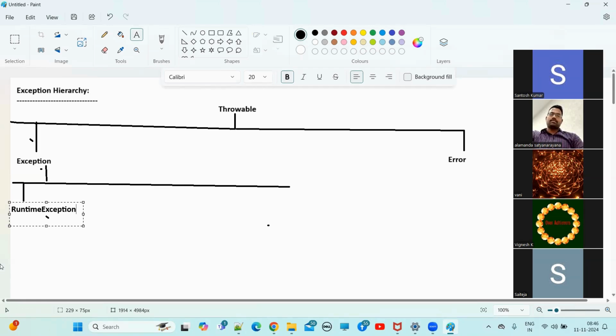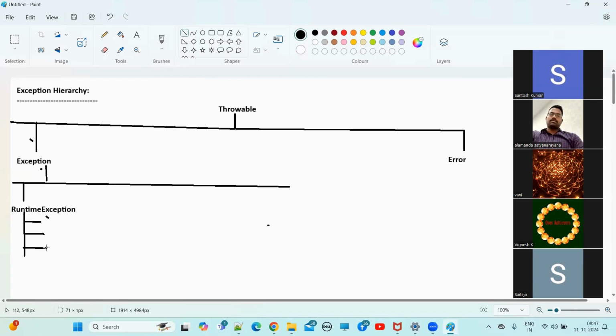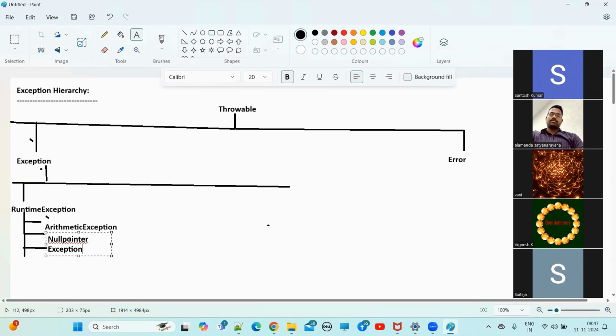Now, for RuntimeException, we have several child classes. What are those? The first one, ArithmeticException. Next, we have NullPointerException.